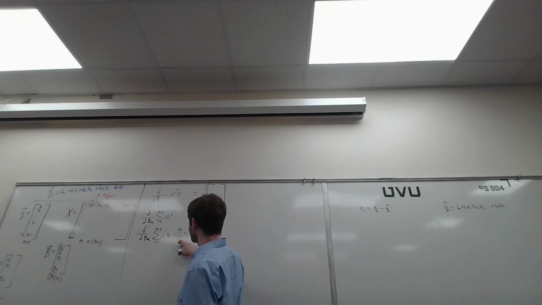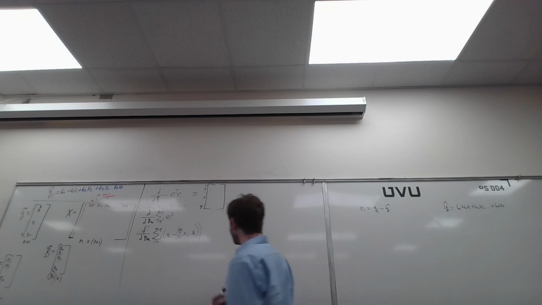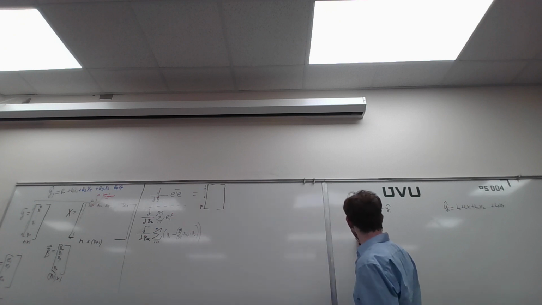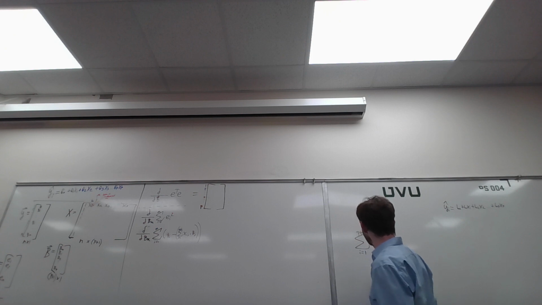So let's think about this expansion. This says start at the first j, go to p plus 1, and take all of the x_ij's and multiply them by the beta_j's.